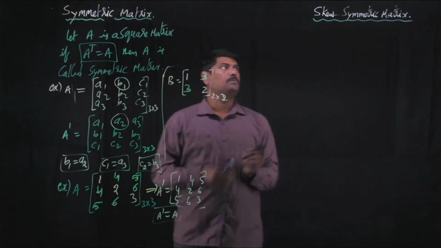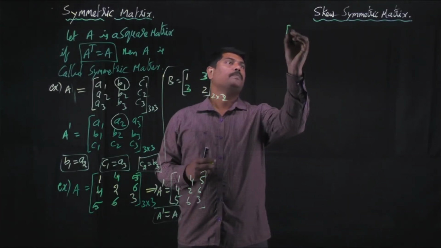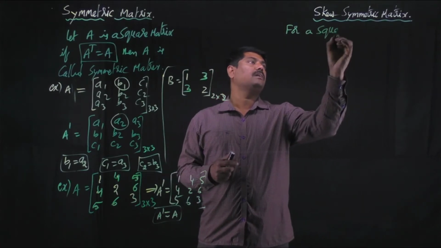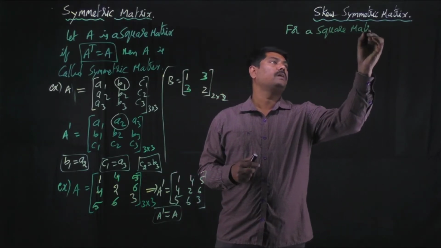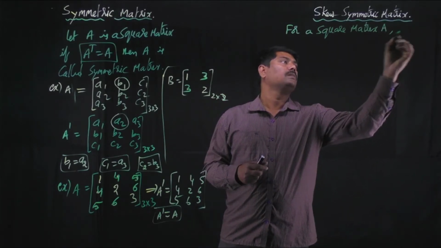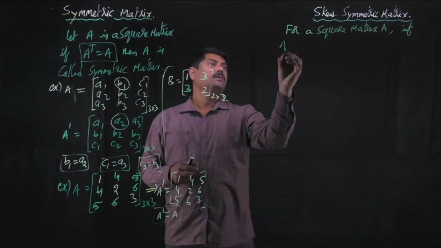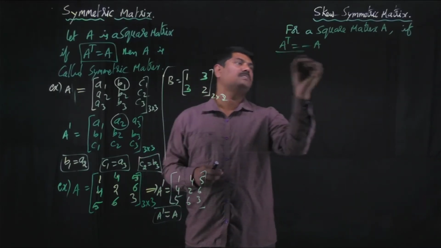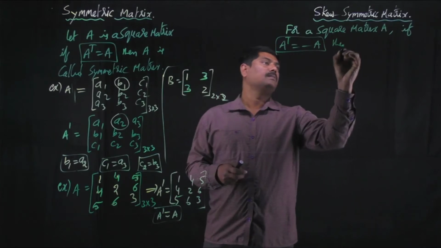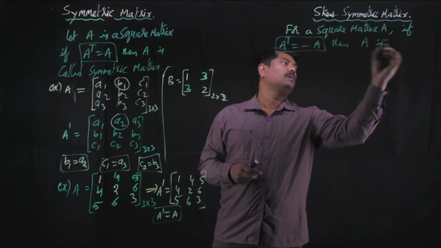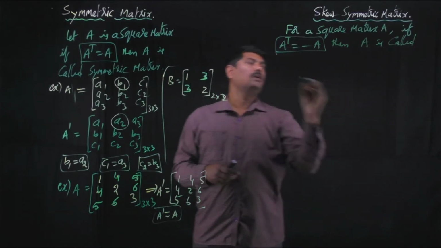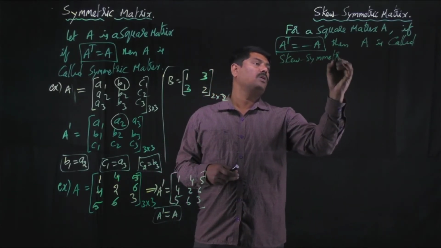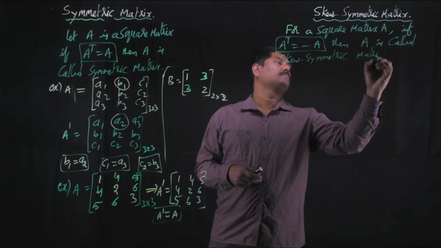Now let us discuss what a skew symmetric matrix is. For a square matrix A, if A dash, that is A transpose, is equal to minus A, then A is called a skew symmetric matrix.